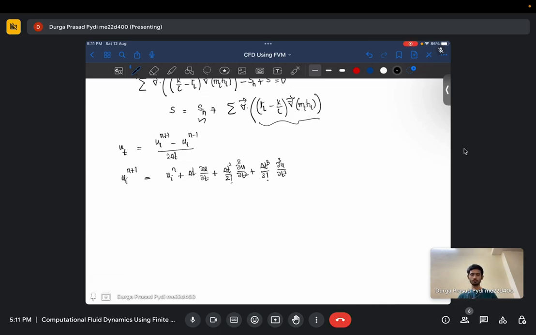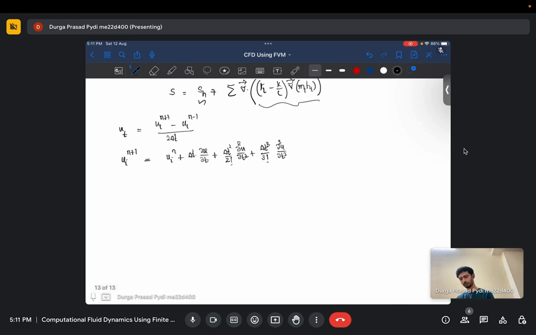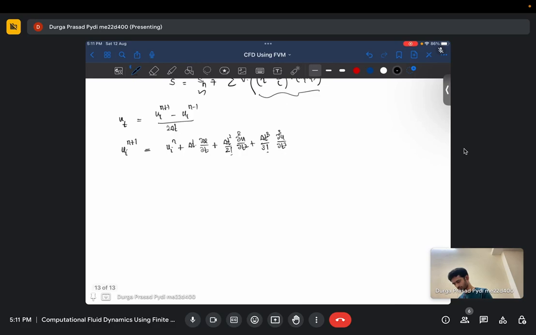So you divide by delta t, and you essentially are left with order of delta t times d square u by dt square terms. So we are left with this.